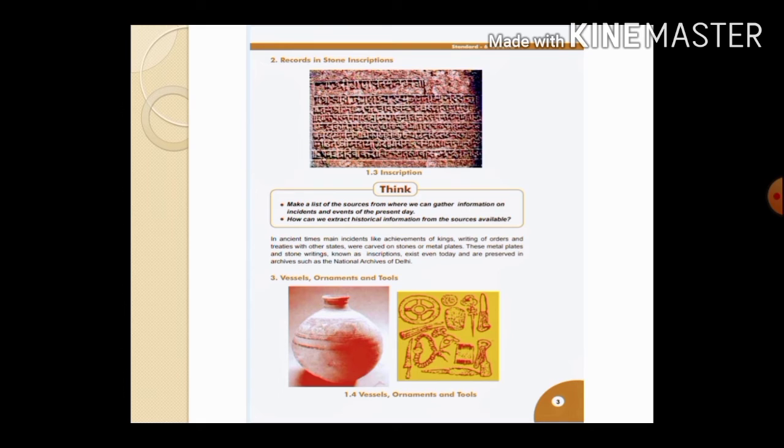These metal plates and stone writings, known as inscriptions, exist even today and are preserved in archives such as the National Archives of Delhi. So the carving on the stone is known as stone inscriptions, and it was also done on copper and metal plates, and these are still preserved in the National Archives of Delhi.